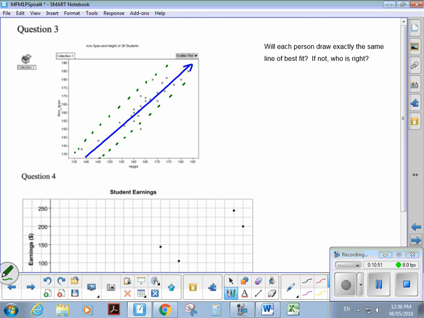We can see that there are some dots that are off the line, but they're not bad. So again, I would call this one a positive moderate correlation. Positive because it's going up to the right, and moderate, saying the strength is kind of in the middle.